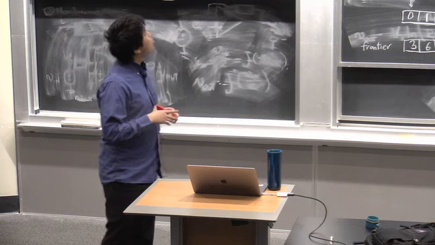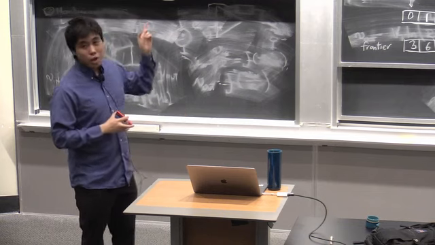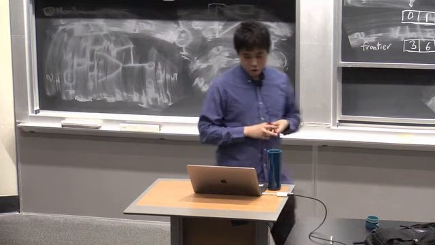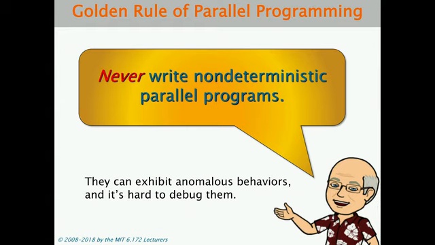So a couple lectures ago, we saw this slide here. Charles told us never to write non-deterministic parallel programs because it's very hard to debug these programs and hard to reason about them. So is there non-determinism in this BFS code that we looked at?